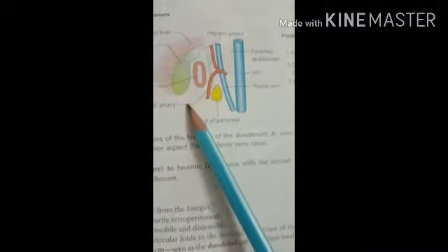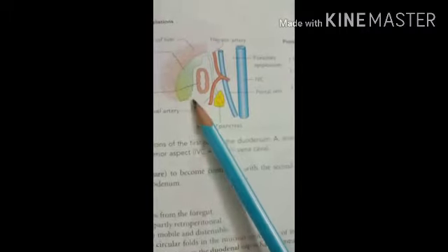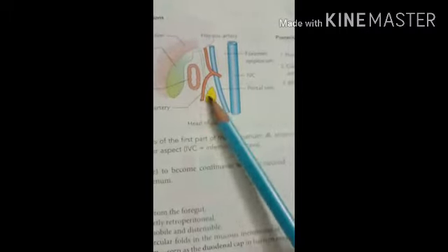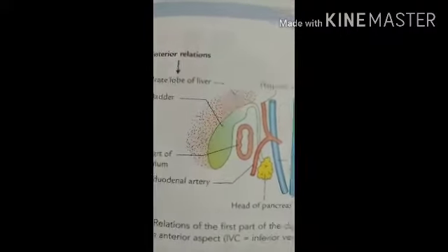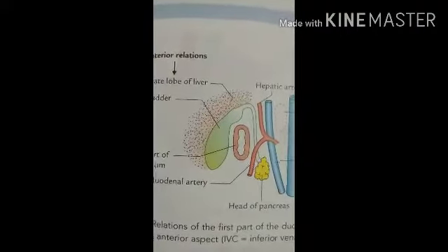Then it is attached to the lesser omentum above and the greater omentum below. So here in this diagram you can see. Then the distal 1 inch part is fixed and retroperitoneal.